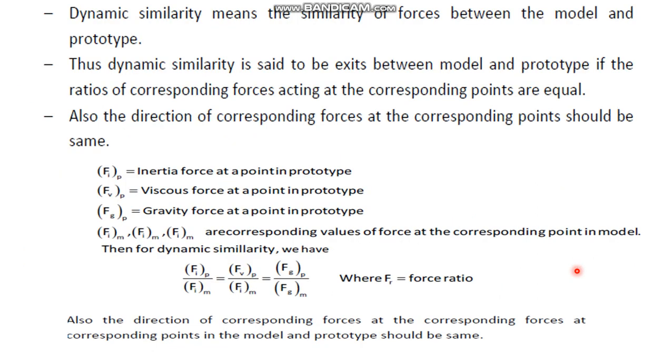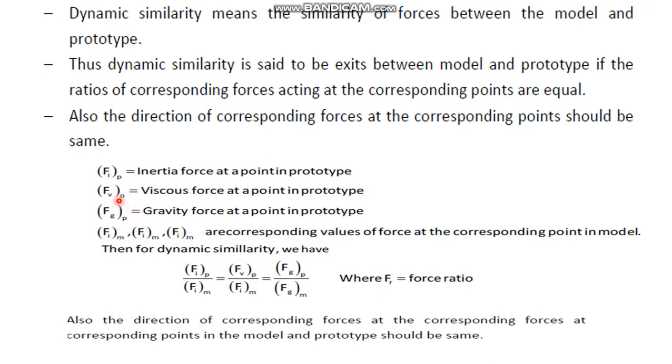Next, coming to the dynamic similarity. A dynamic similarity exists between the model and prototype if the ratio of corresponding forces acting on the corresponding points is equal. For example, these are the forces acting on the prototype at a particular point, and these are the forces acting on the corresponding points in the model.